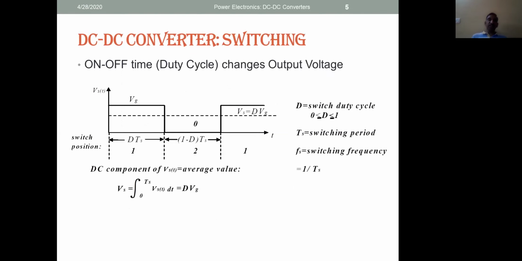So in DC to DC converter switching, D is the duty cycle, which can be from 0 to 1. Means minimum duty cycle will be 0, maximum it can be 1. TS, which is the sum of on period and off period, is one cycle, which is the switching period, means portion 1 and portion 2. Reciprocal of it is the switching frequency.